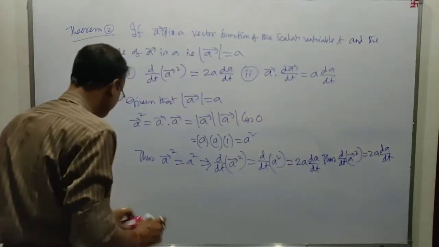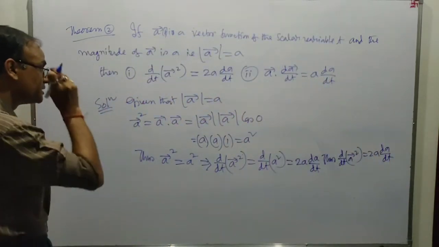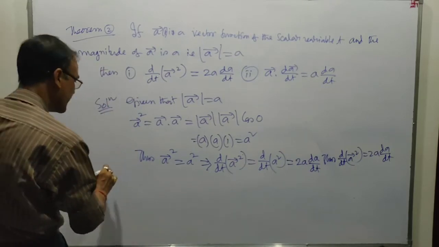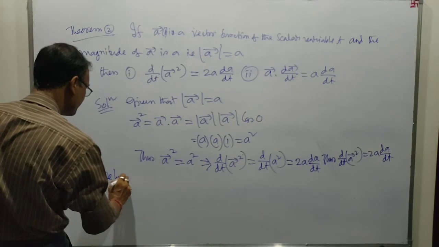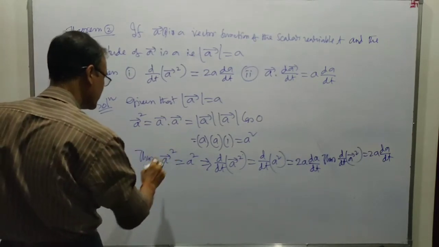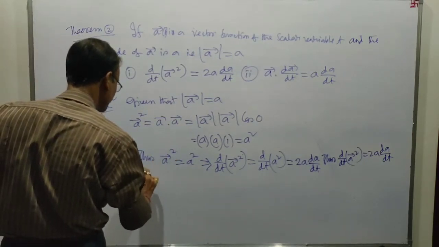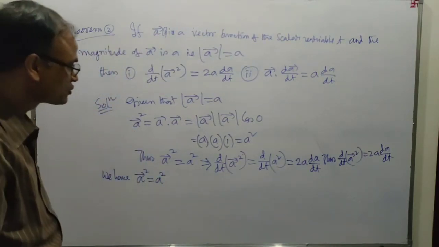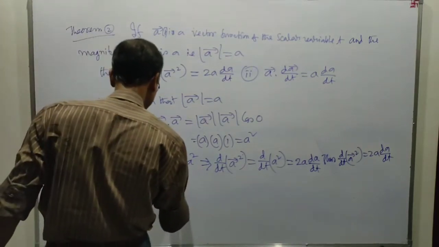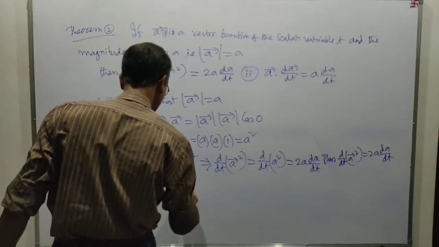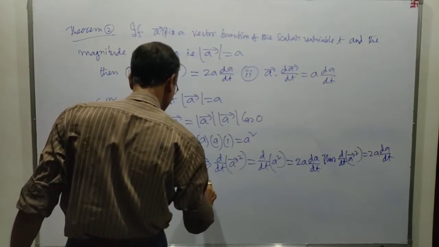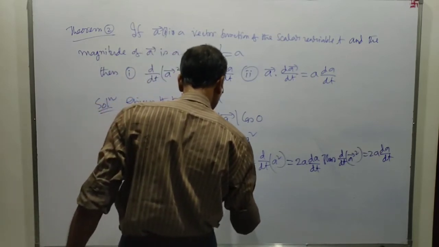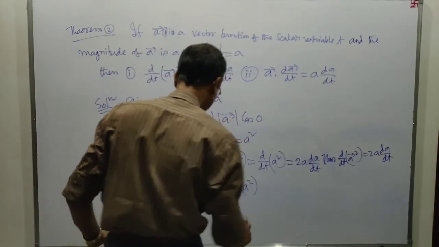Now number 2. To prove number 2, we have A vector square equal to a square. This means d dt of A vector square is equal to d dt of a square.